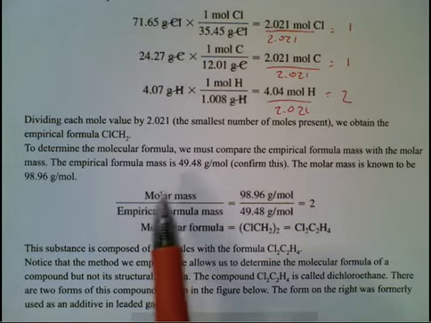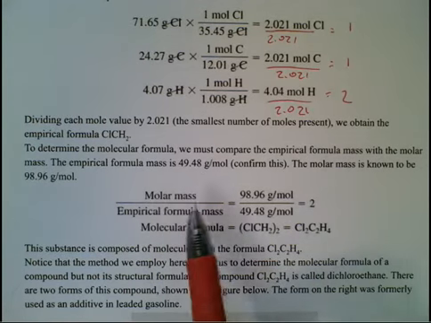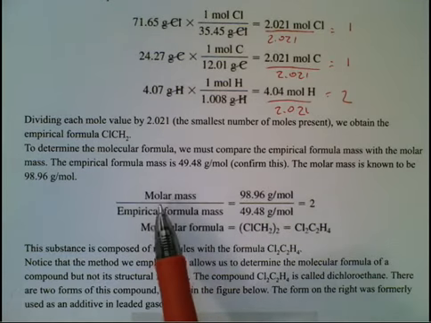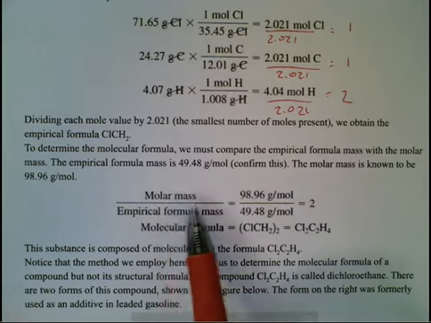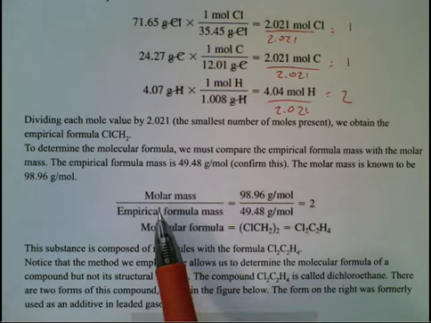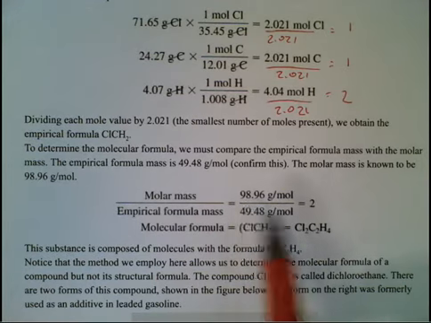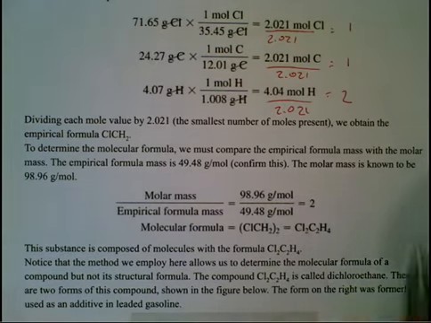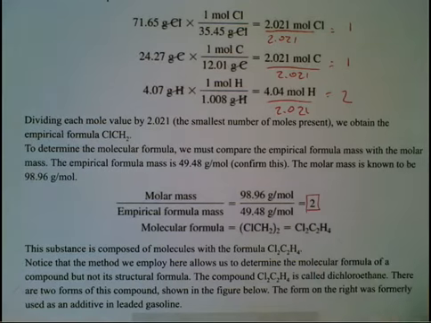We're simply going to take the molar mass and divide it by the empirical formula mass. So we're going to take the 98.96 grams per mole divided by 49.48 grams per mole, and notice that we get a very, very whole number, 2.